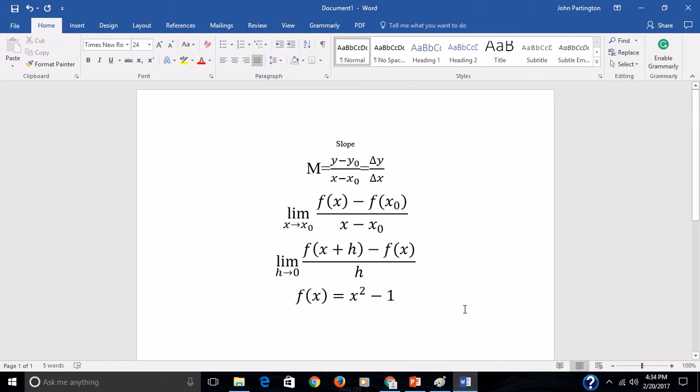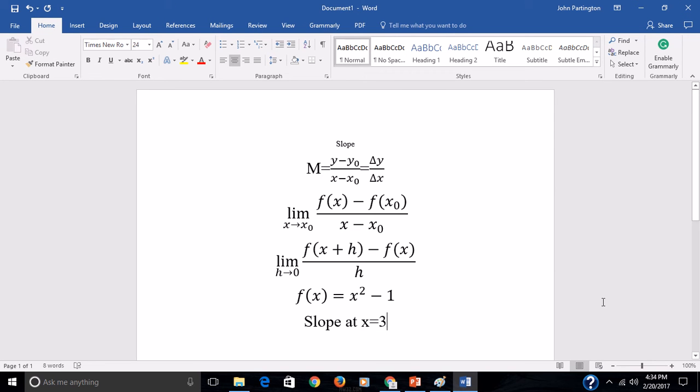And what we would like to find is the slope at x equals 3.